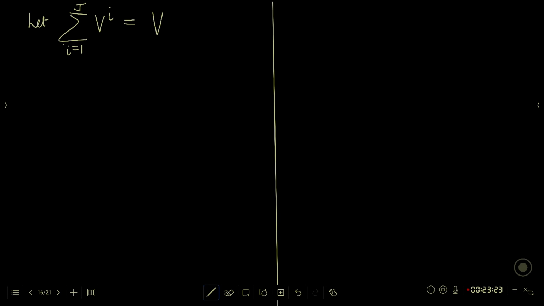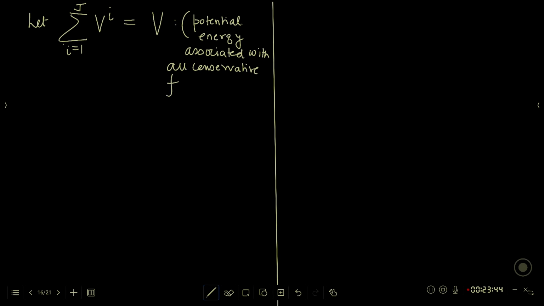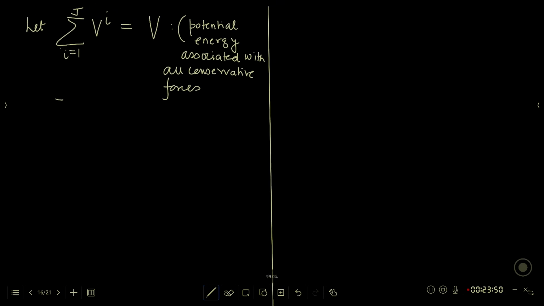And sometimes we call this the potential energy associated with all conservative forces. Sometimes we call this the potential energy of the RB itself.